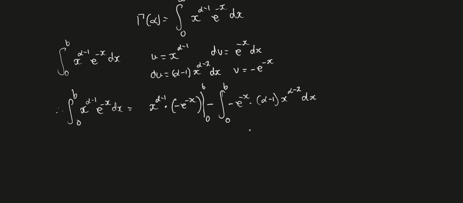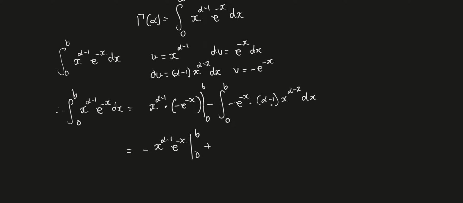Okay, so this is kind of a mess, but let's see what we can do. On the right-hand side, I'm going to write this as negative x to the alpha minus 1 times e to the negative x, evaluated at 0 and at b. And then over here, I have a couple constants that I can factor out, because I can take out the negative sign, which makes it a plus.